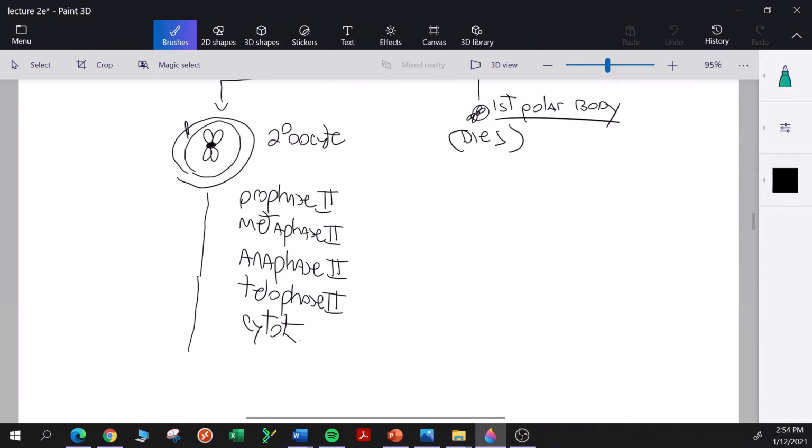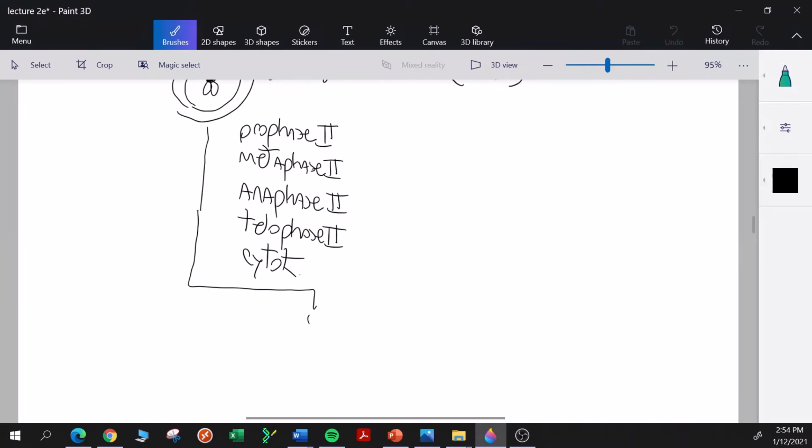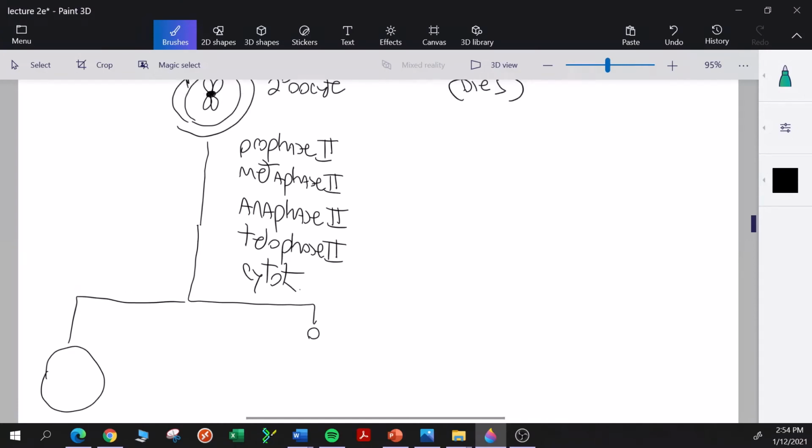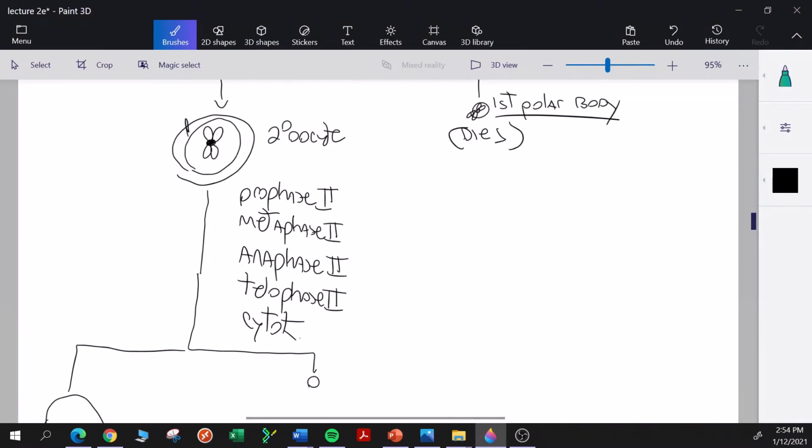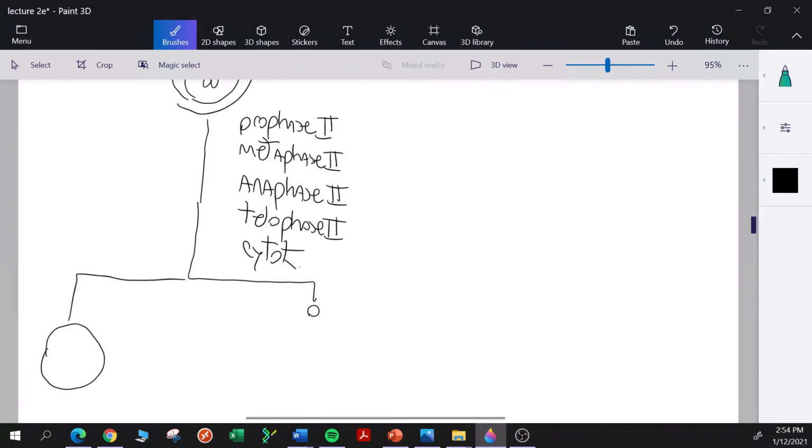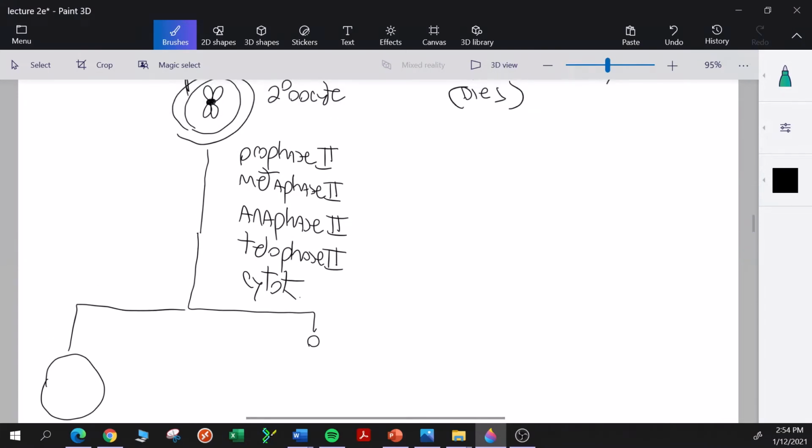So just like before, we get this sort of unequal division of, I should say, the cytoplasm. And very little goes to, let's say, what's going to be the second polar body.